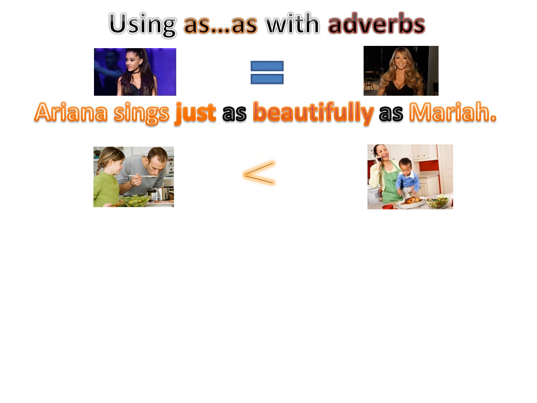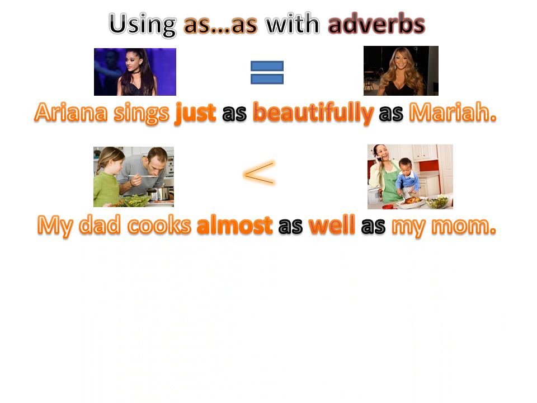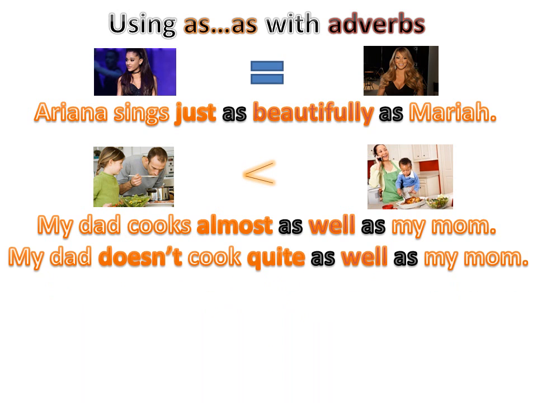So to express this small difference, we can say, my dad cooks almost as well as my mom. Or we can say, my dad doesn't cook quite as well as my mom. Here we need to notice that cook is the main verb of the sentence.